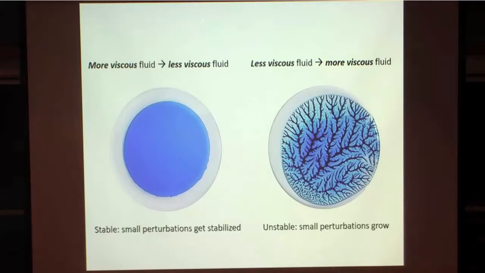Now, in the first part of the experiment, what you did is exactly the inverse: you had a more viscous fluid, the drop of liquid, displacing the less viscous one. In that case, you don't get the instability, and small perturbations get stabilized. So the viscosity is really the control parameter for the formation of these patterns.